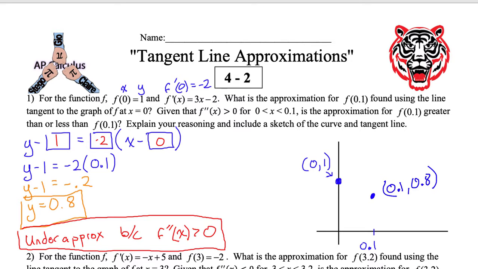So we approximated our line right here. So our line should look like this, where it goes through both of these two points. And then from there, it's concave up between here and here. So I should have something that looks like this.